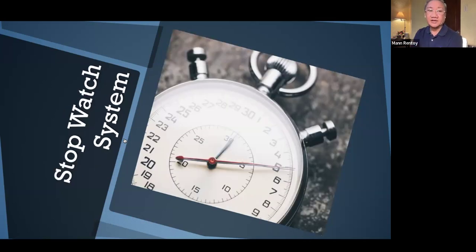Okay, here's another classroom management strategy, classroom discipline strategy, the stopwatch system, very similar to the check system, but it's especially more geared towards providing the class an opportunity to get a class reward.